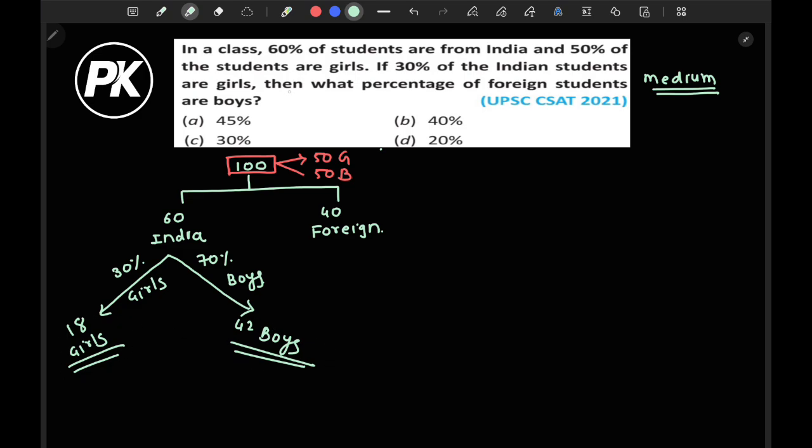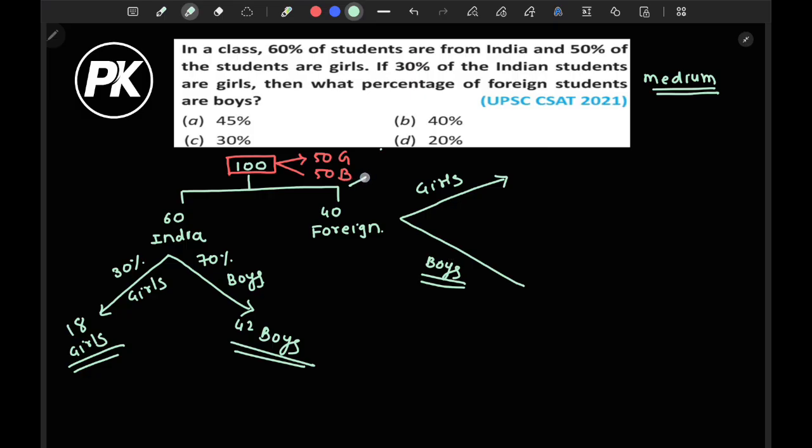Then the next statement is, what is the percentage of the foreign students who are boys? Again, some are girls and some are boys. Out of these 40, how many boys are there?